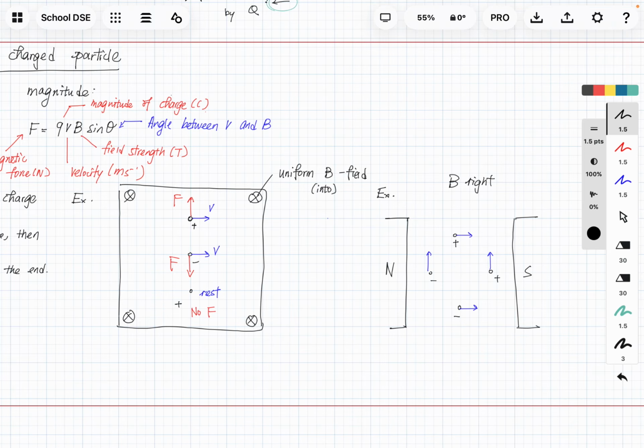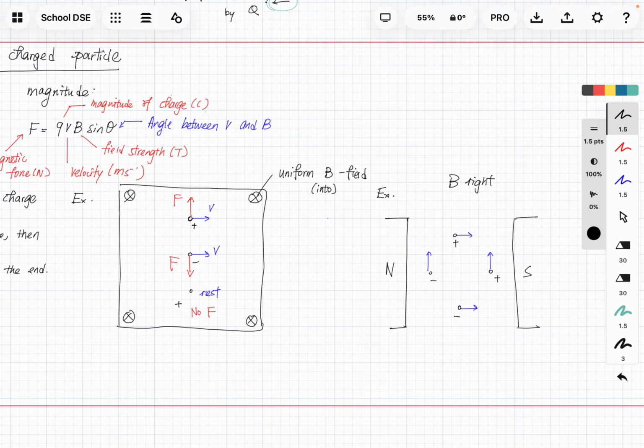You are in a circular motion. What does t stand for? T is the time taken to complete one circle.